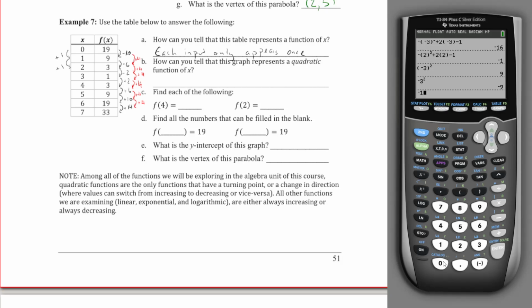Negative 10 plus 4 gives us negative 6. Plus another 4 does give us negative 2. Plus another 4 does give us positive 2. So we know that this is a quadratic function because we see the change in the change is constant.